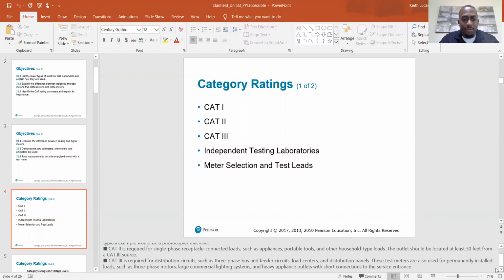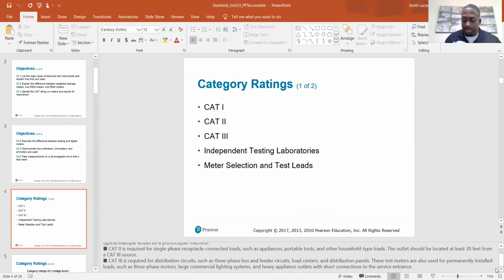It is required for distribution circuits, such as three-phase bus and feeder circuits, load centers, and distribution panels. These test meters are also used for permanently installed loads such as three-phase motors, large commercial lighting systems, and heavy appliance outlets with support connections for the service entrance.